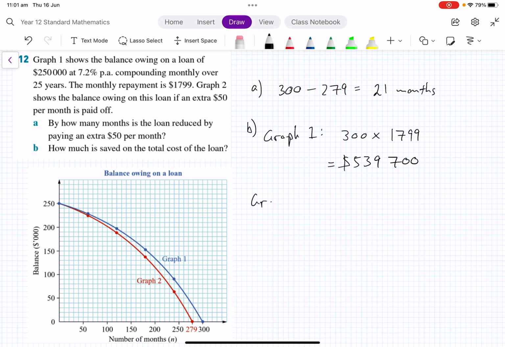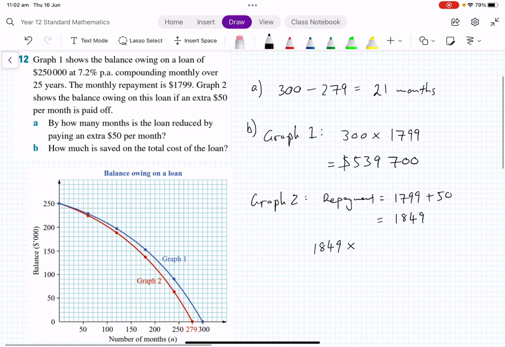Now graph 2, let's think about this. The repayment in graph 2 is consistently 1,799 plus an extra 50 per month, so this becomes 1,849 per month. It's not 300 months though, because you're paying more each month, you end up paying for fewer months.